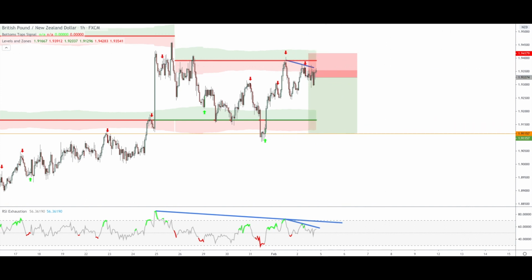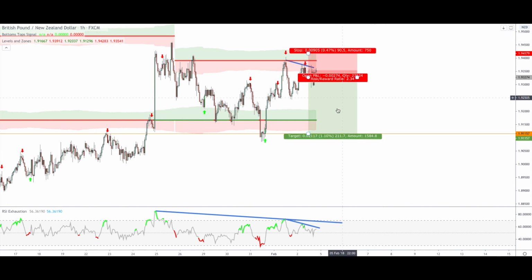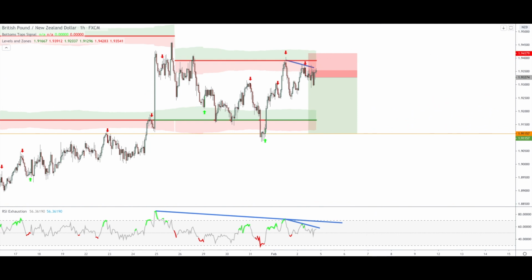Of course, we can never be 100% sure, but we have taken all the necessary steps, all the necessary protections to play safe. And so I'm more on the aggressive side as regards the target rather than the stop loss.